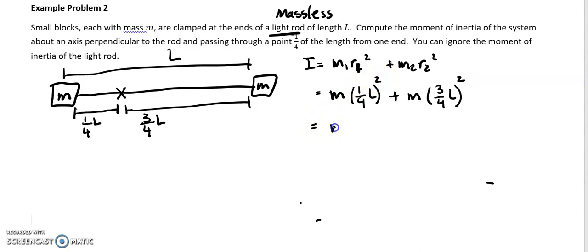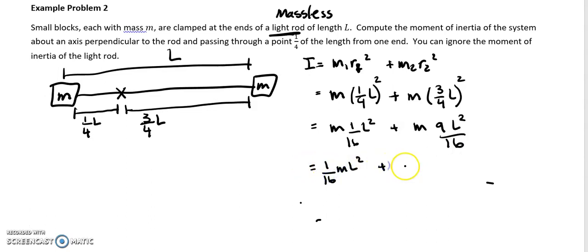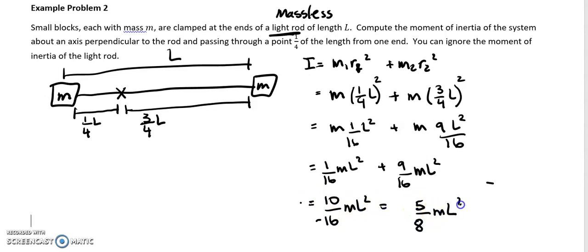Great. So this is m times 1/4 L squared, which is 1/16 L squared, plus m times 9 L squared over 16. Just to make this easier on myself, I like to put the fractions out front. 1/16 mL squared plus 9/16 mL squared. So that is 10/16 mL squared, which simplifies to 5/8 mL squared.